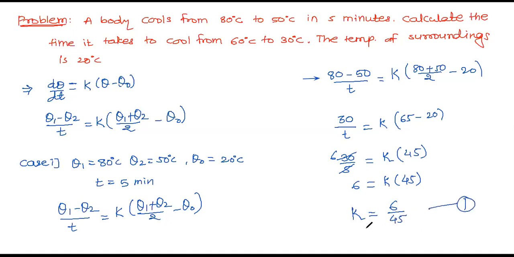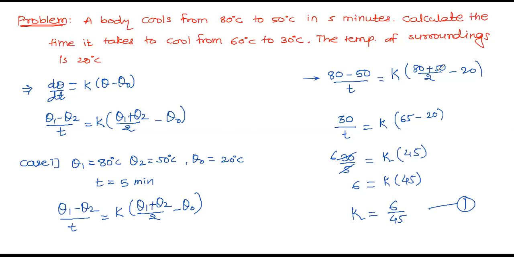I got the k value. Check one more time, because in these problems sometimes everyone will commit mistakes. So theta 1 is 80, theta 2 is 50, time is 5, and theta naught is 20. So 80 minus 50, check the subtraction, 30. Okay, time t is 5. 80 plus 50 how much? 130.